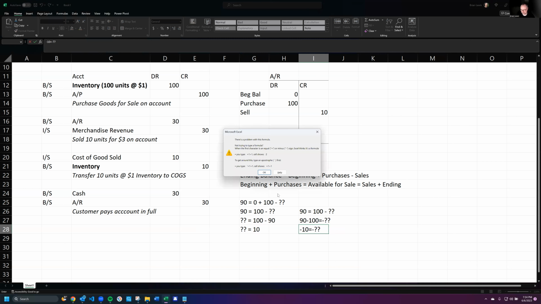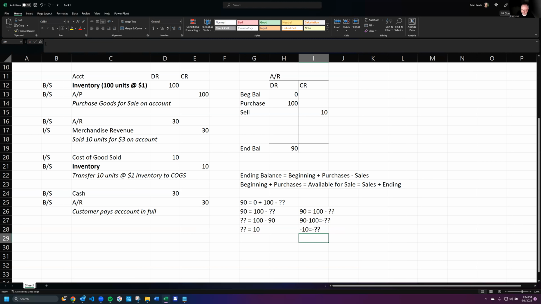And then you go, well, is my answer minus 10? Of course not. You math wizards know this, you have to multiply both sides by negative 1. So you end up with 10 equals question mark. Same way of getting to it, just slightly different.